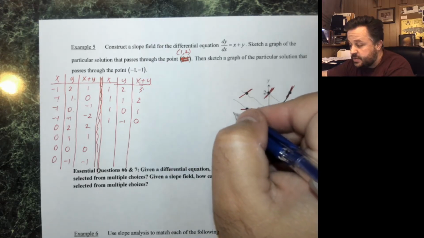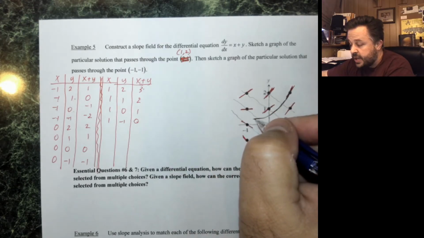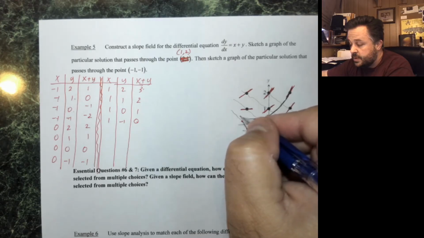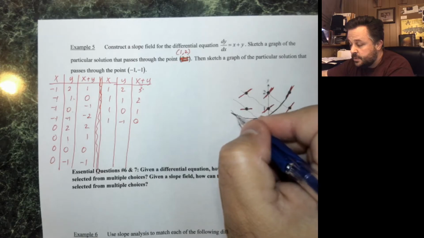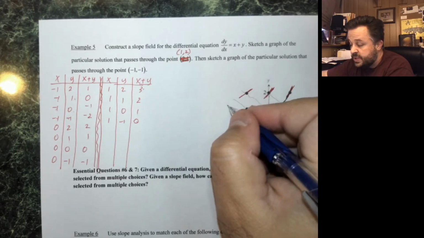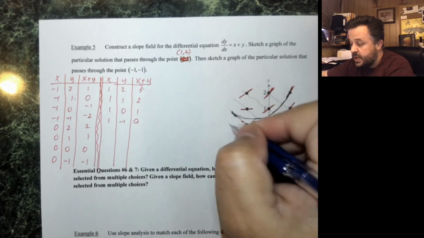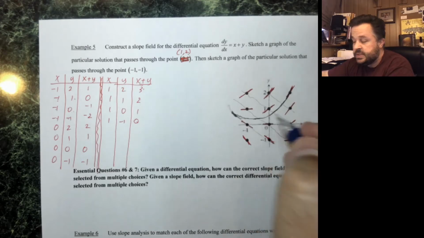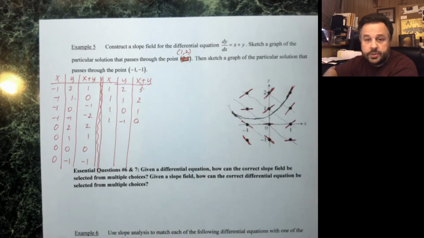By the time I pass through this one, I should have a slope of -1. So there we are, slope of -1. And then if we would continue, I would have eventually a slope of -2 as it continued on. But that's a pretty decent graph for a particular solution that passes through the point 1, 2.